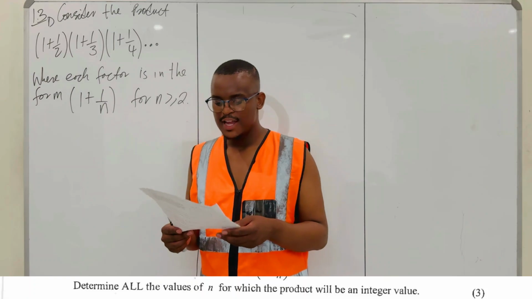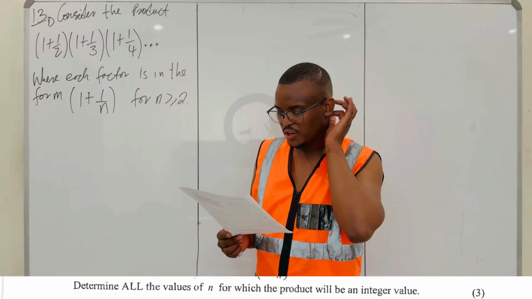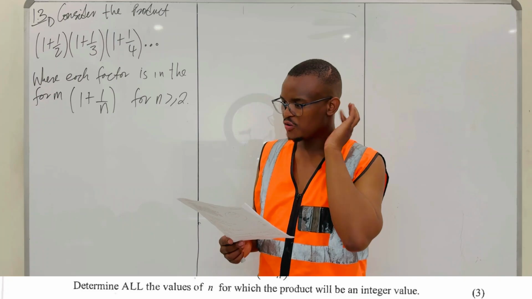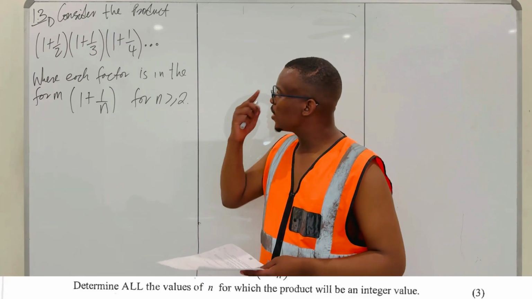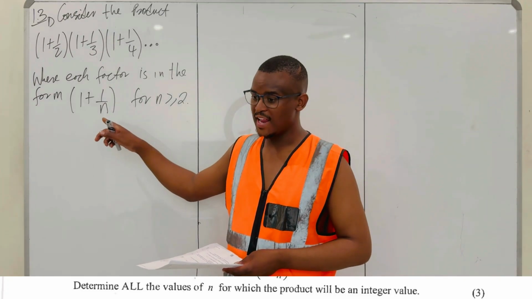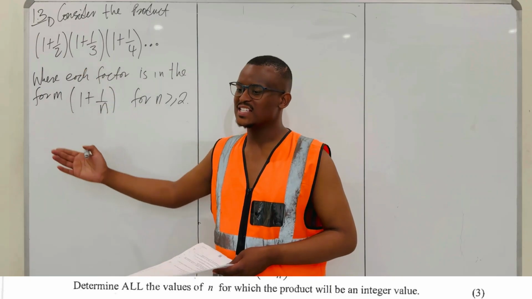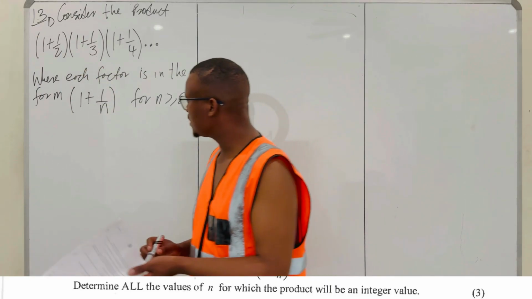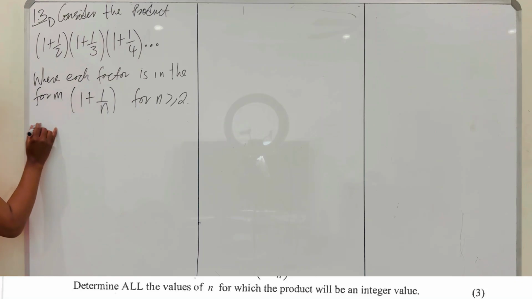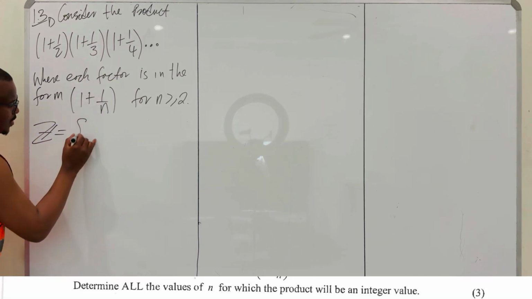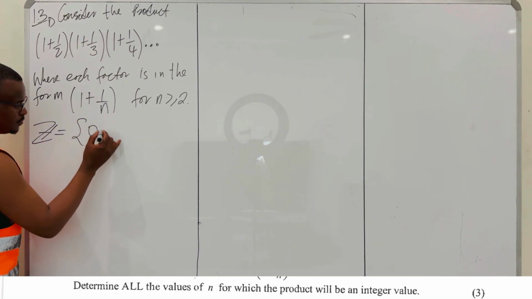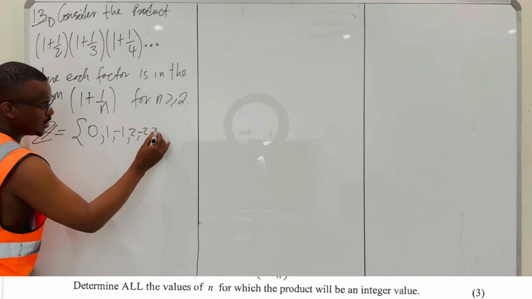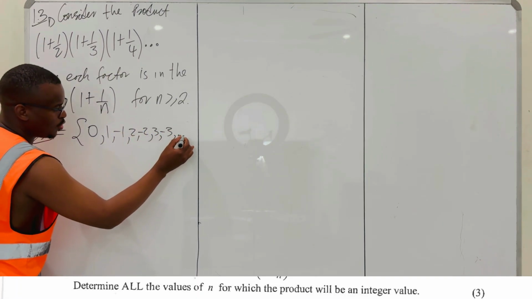They are saying determine all the values of n for which the product will be an integer. So they want you to find all the values of n that will give you a product that will be an integer. What is an integer? You know integers, it's this set here, containing 0, 1, minus 1, 2, minus 2, 3, minus 3, and so on.